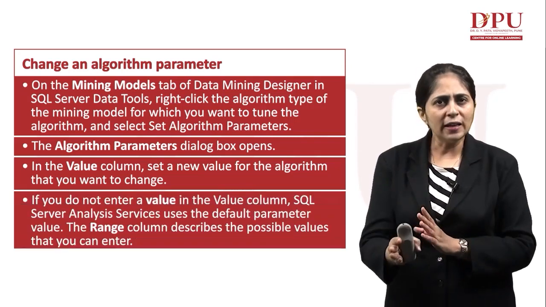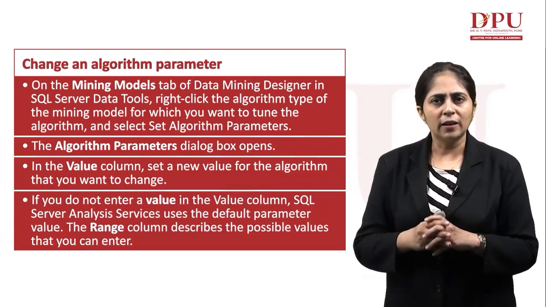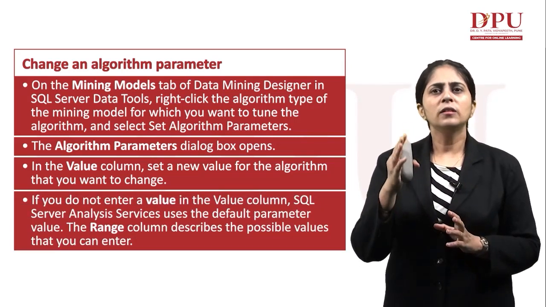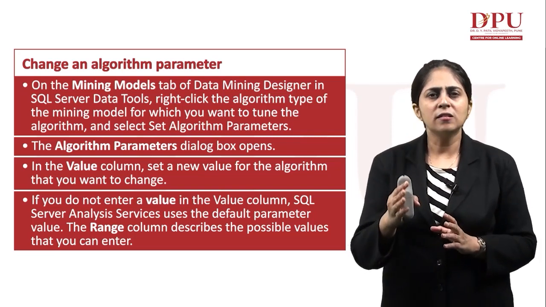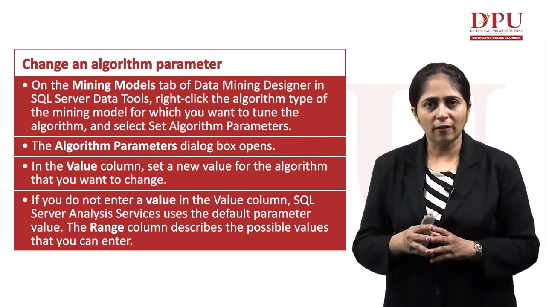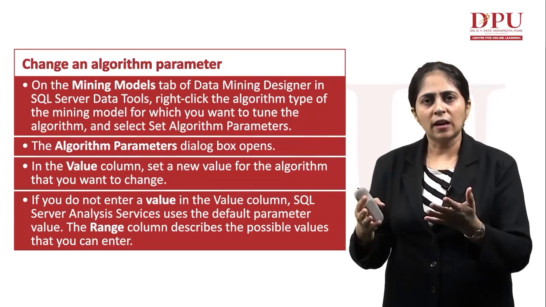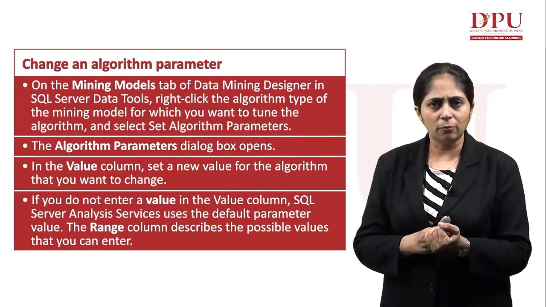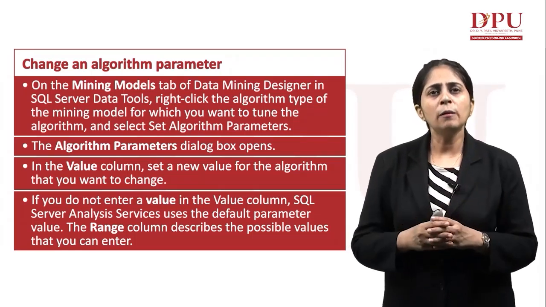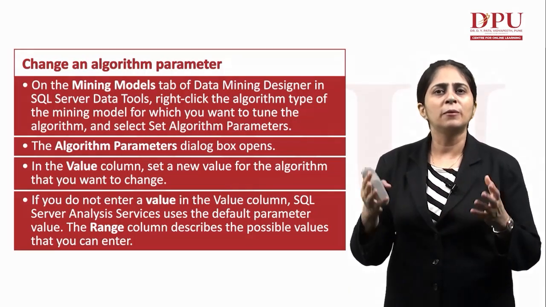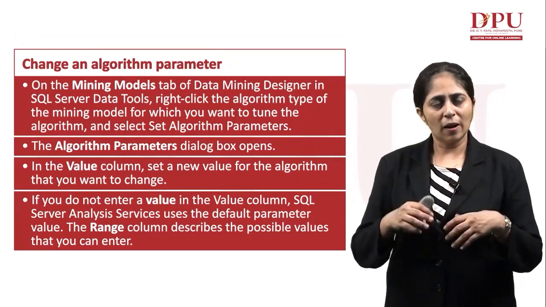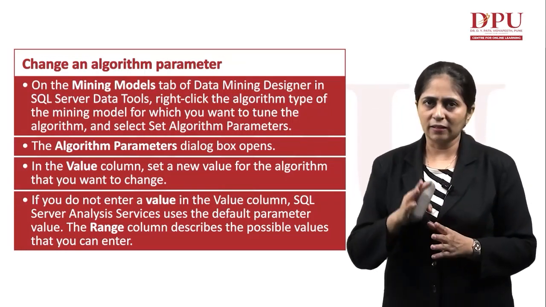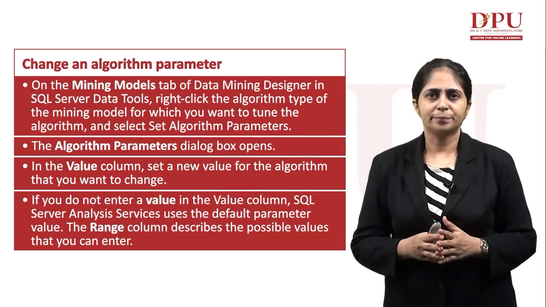Now, if you do not enter any value in any particular column, SQL Server Analysis Services uses the default parameter value. Suppose you don't understand, or you do not require to enter some value. At that point of time, a default parameter value will automatically be retrieved, as it was automatically set when it was being built.